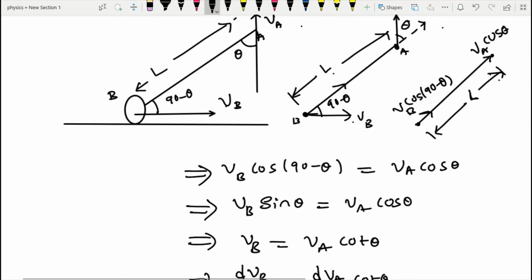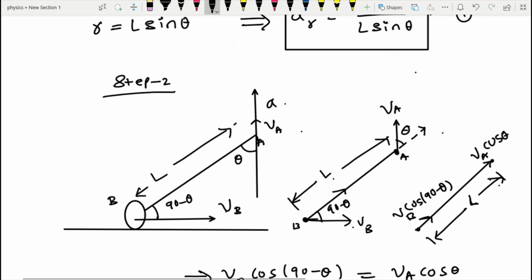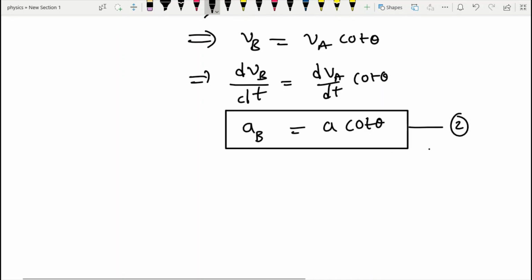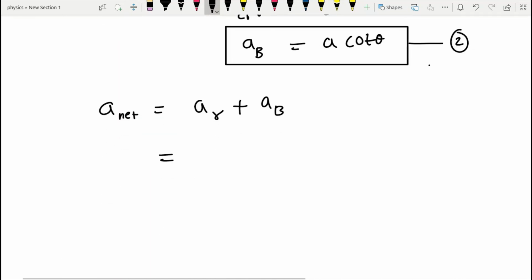So if you want to talk about the net acceleration of the ball, just immediately after the end A is being pulled upwards with an acceleration A, it is the summation of radial acceleration plus acceleration B. Radial acceleration is already given by V square divided by L sin theta. Acceleration B is A cot theta.